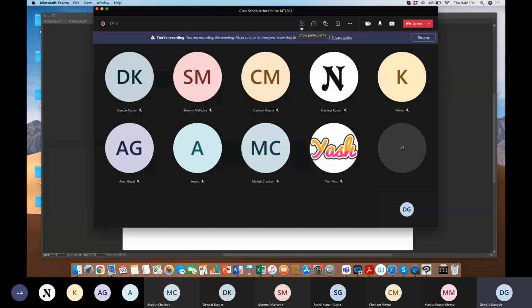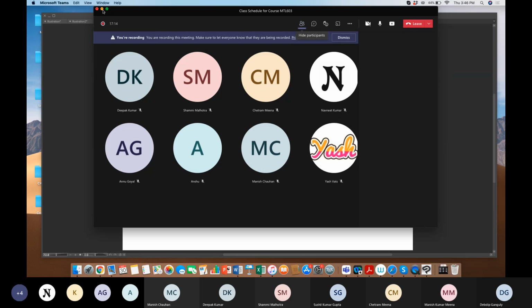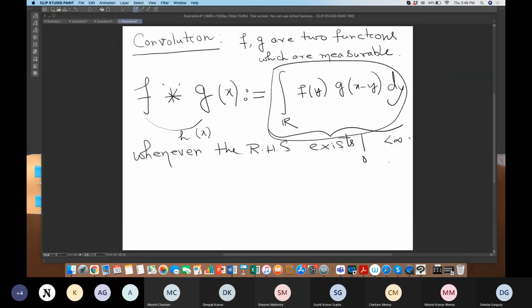Whatever you think, tell me. Hello, can you hear me? Yes, sir, we can hear you. Just look at the integral and tell me what condition I can impose on f and g so that this integral is finite.